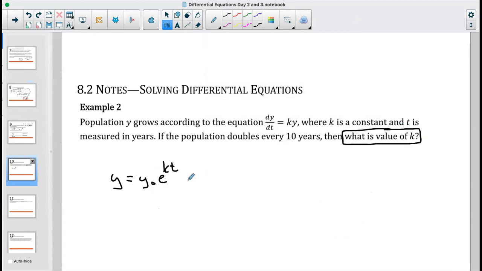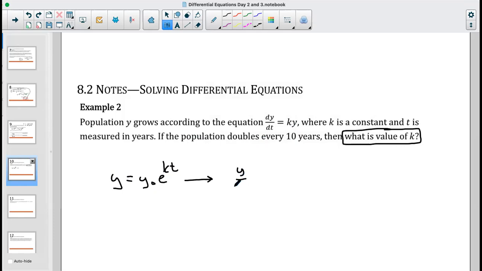So here's what you do. This is almost like a chemistry problem at this point. I don't know what y0 is, but it says every 10 years, the population doubles. Which means whatever y0 was at the beginning, 10 years later, this should be twice as big as this one.